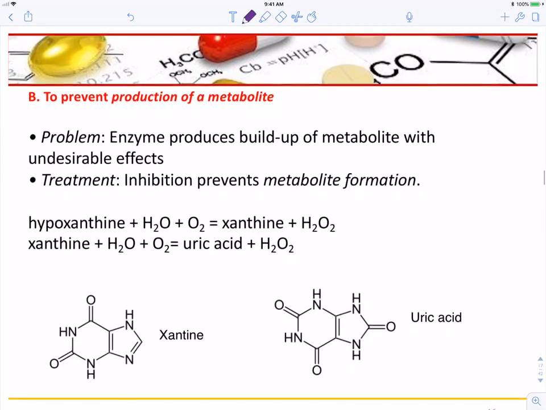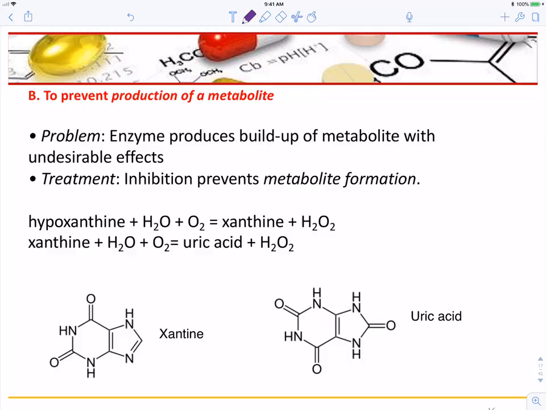Another example of using an inhibitor is to prevent the production of a metabolite. For example, gout is basically due to a high concentration of uric acid in the joint, and uric acid can precipitate and form crystals that basically damage the joint by mechanical action.